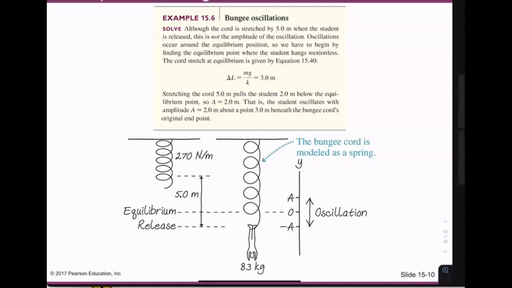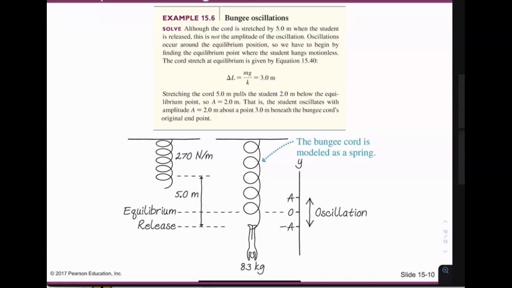The oscillations will occur around the equilibrium position, so now we have to begin by finding the equilibrium point where the student hangs motionless. The cord stretch at equilibrium is given by equation 15.40, delta L equal to mg over k, which we calculate to be 3.0 meters.